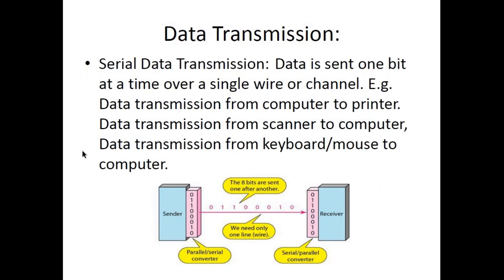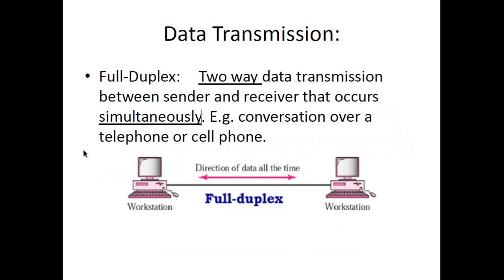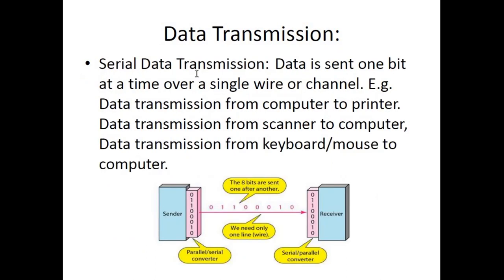Then we have two further types of data transmission. They are serial data transmission and parallel data transmission. Basically, this simplex, half duplex and full duplex, all three of them can happen over a serial connection or a parallel connection. Basically, this should not have been considered a type of transmission.